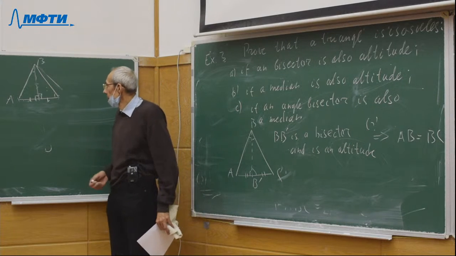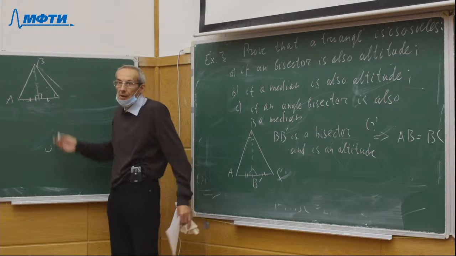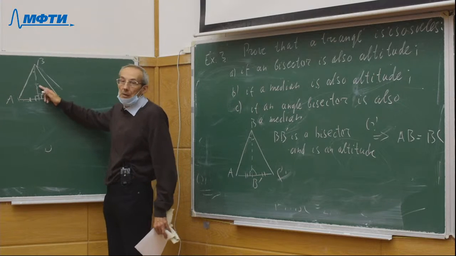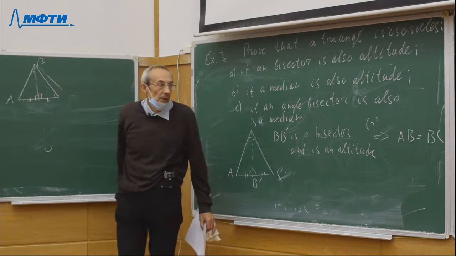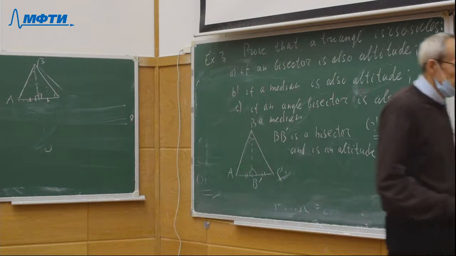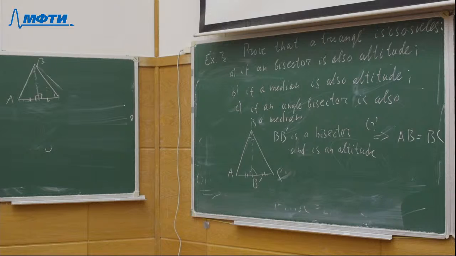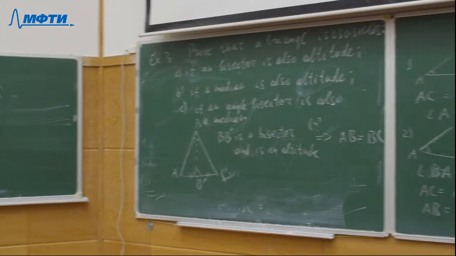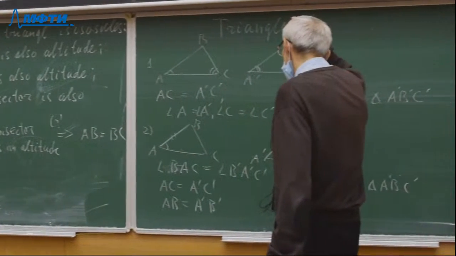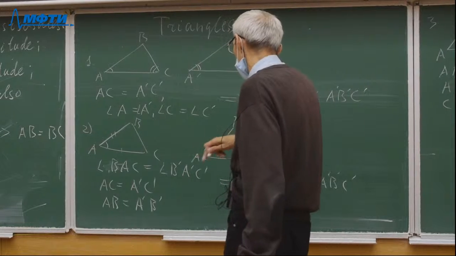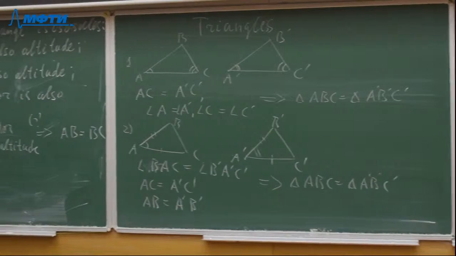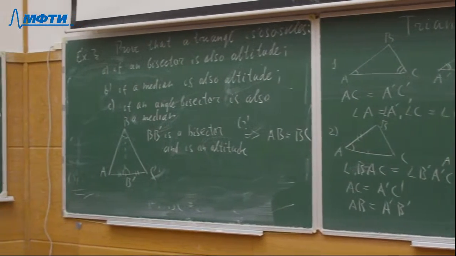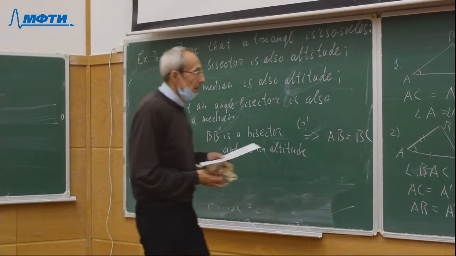It's very simple assertion. It's evident. Common side is equal, this angle are equal. One step using property 2. Using property 2, we obtain the proof of this item 2.